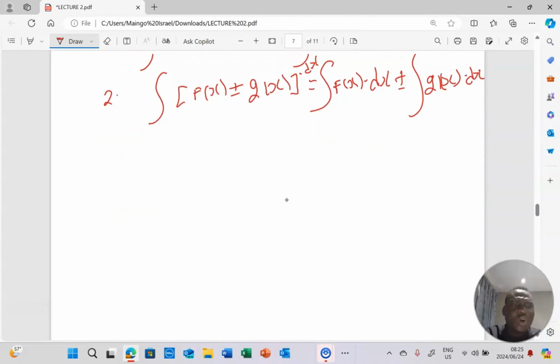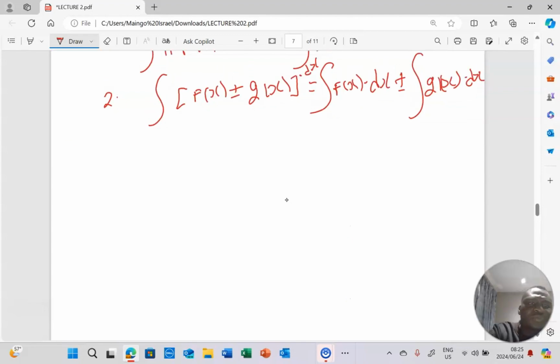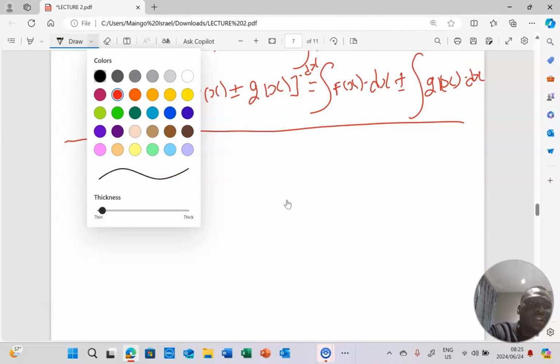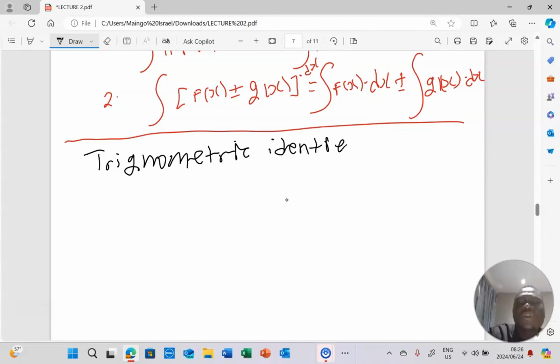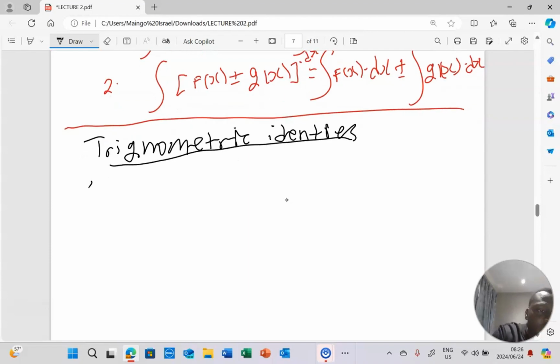So we have what we call the trigonometric identities. It is also important to recall trigonometric identities. There are some of the trigonometric identities that you have to understand. We have a trigonometric identity which says sine squared of x plus cos squared of x is equal to 1.